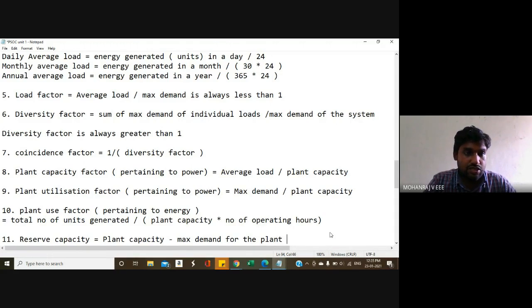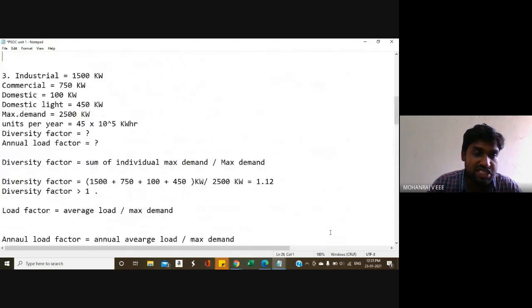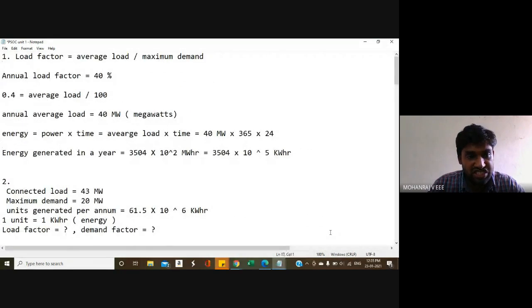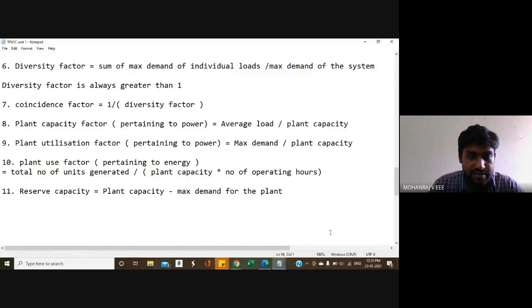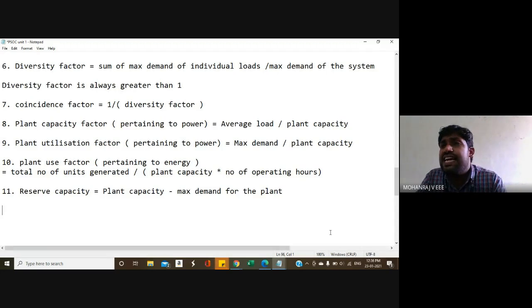So these are the important terms with respect to our power system operation and control introduction. Now you may ask, why are we studying all these terms? What is the importance of all these terms? Only if we know these terms can we calculate the cost required for generating 1 unit.